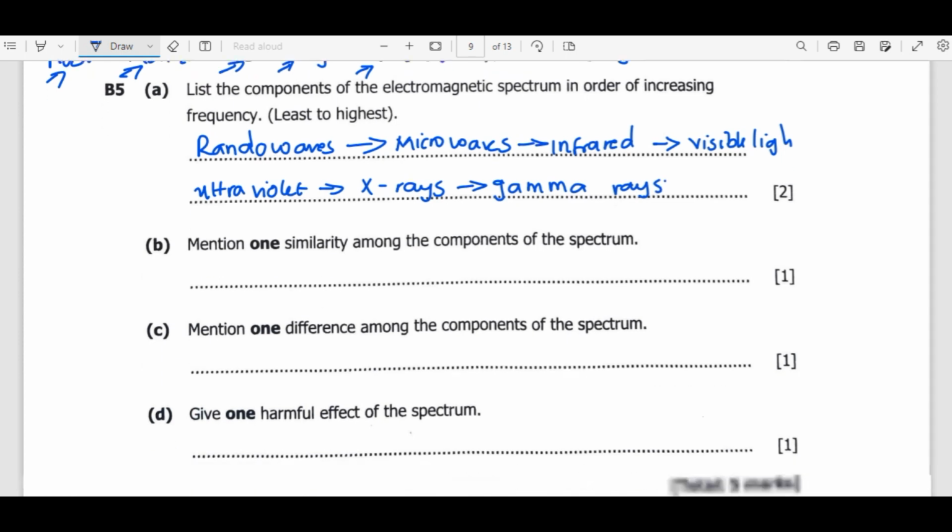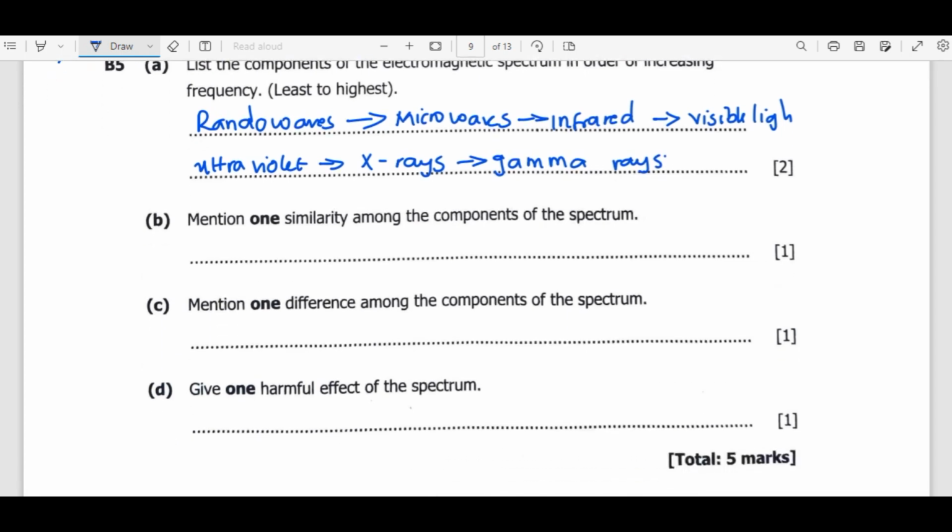Then we move on to question B. Mention one similarity among the components of the spectrum. So we are indirectly looking at properties or characteristics that must be obeyed by any of these waves. The first one, we can say they are all transverse waves in nature.